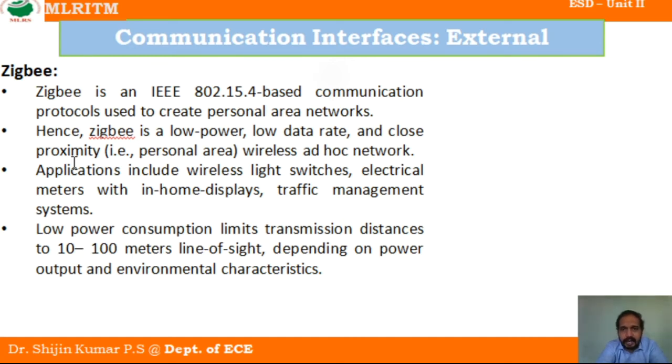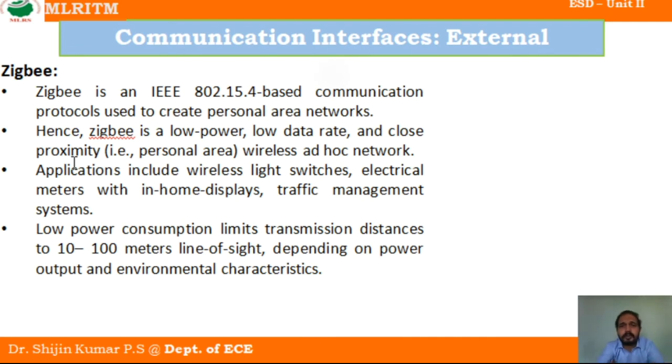just like LAN. Zigbee uses the IEEE standard 802.15.4, so it is used for creating personal area networks. The features of Zigbee are low power, low data rate, and close proximity.